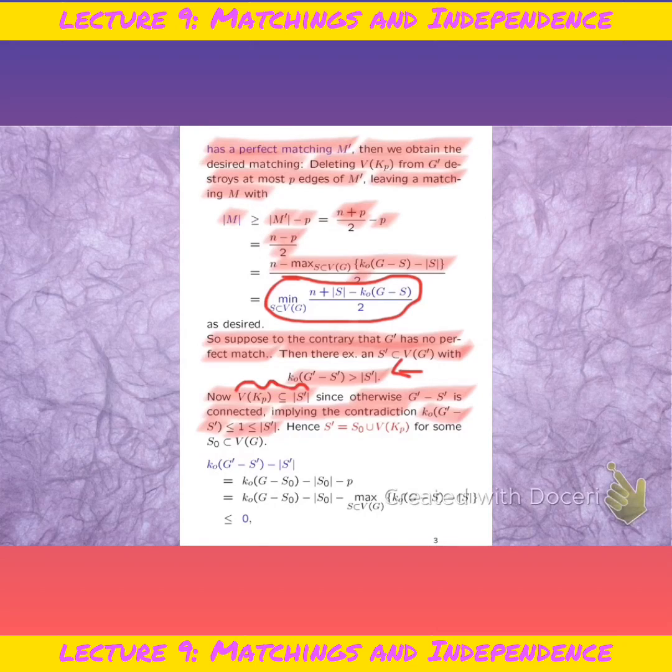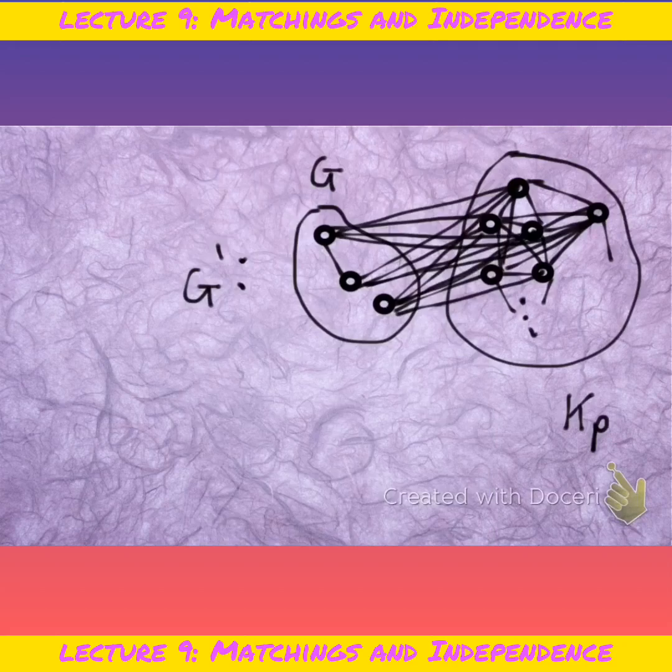Right. So what is S prime? S prime must be all the vertices of K_P together with a set S subscript 0, where this S subscript 0 lies within the vertex set of G. So as an illustration, this set S prime must contain all the vertices of K_P, and it could possibly contain a small section of G as well. That small section of G, we call S subscript 0.